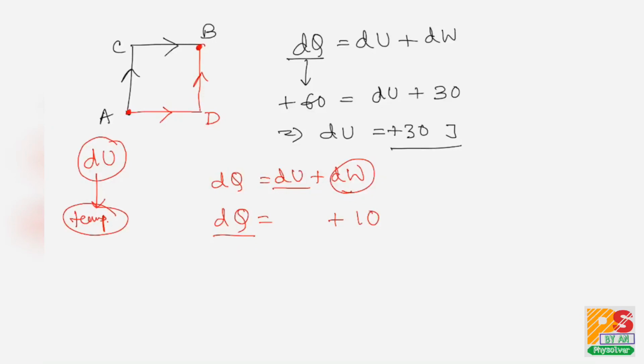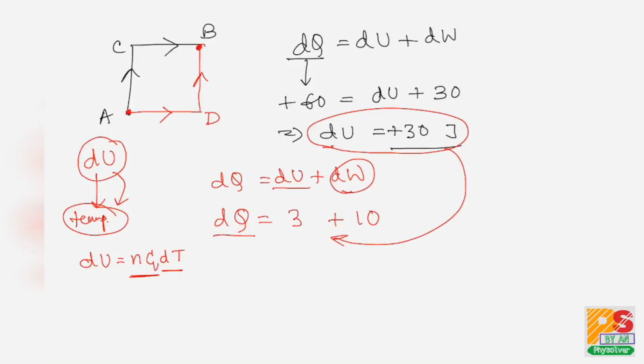If the temperature difference is the same, then du will also be the same, and you know the formula of du is nCvdT. Since dT is the same and we are applying for the same gas, therefore du will also be the same. So in path ACB, du is 30 joule. So in path ADB, du will be the same, 30.